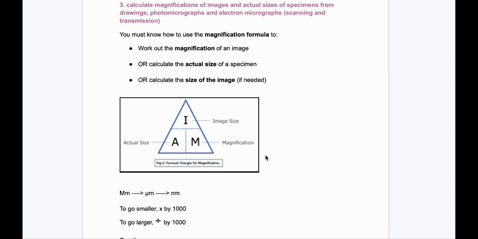If you didn't, you need to know the magnification formula, because you could get asked to find either the magnification, the image size, or the actual size. And it doesn't stop there. Once you've got it, you might have to convert it from millimeters to nanometers or micrometers. But this is pretty simple once you've got the idea.